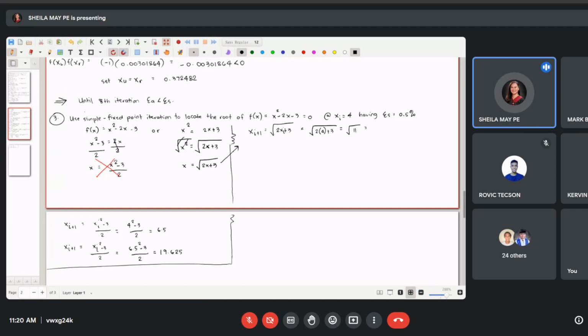To go back to comp mode, guys, click mode and then press 1.